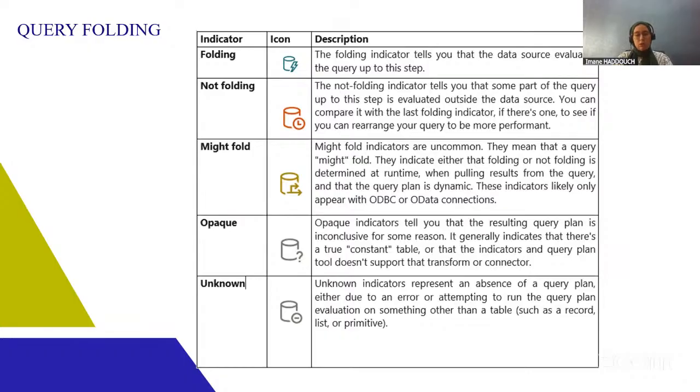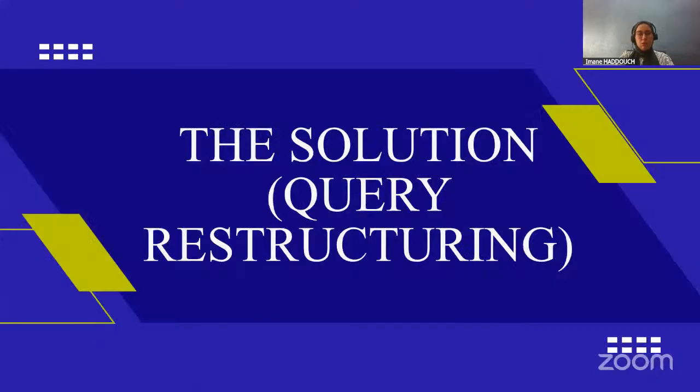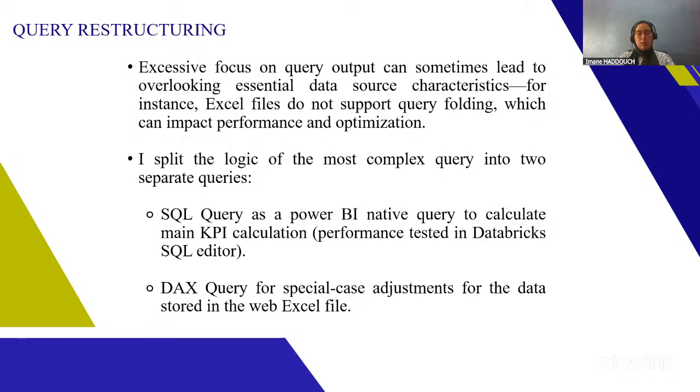The last one is the unknown status, meaning that Power Query can't evaluate the query plan. It's often due to some errors or non-table data types. After that, I'll show you the solutions I did to plot my results and visualize them with success.